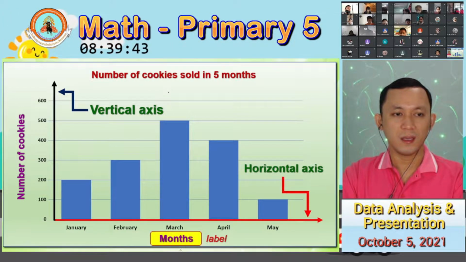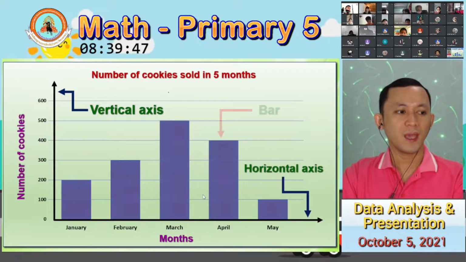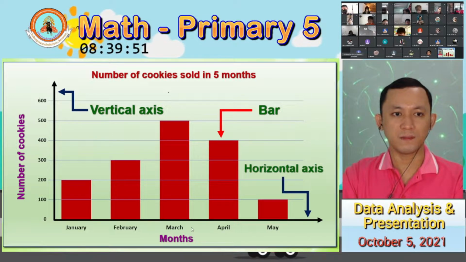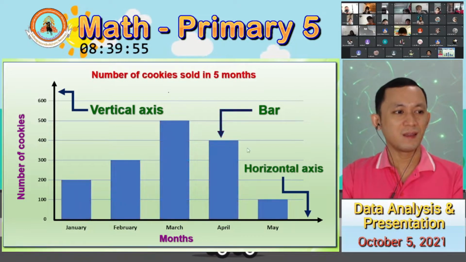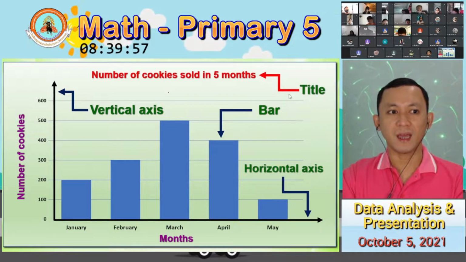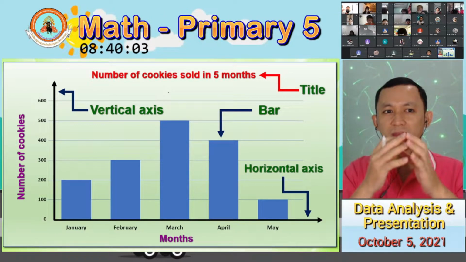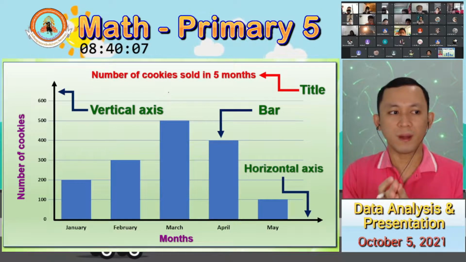Here, the label is months. Next, we have the bar in our bar graph. And of course we have the title. The title explains your bar graph.